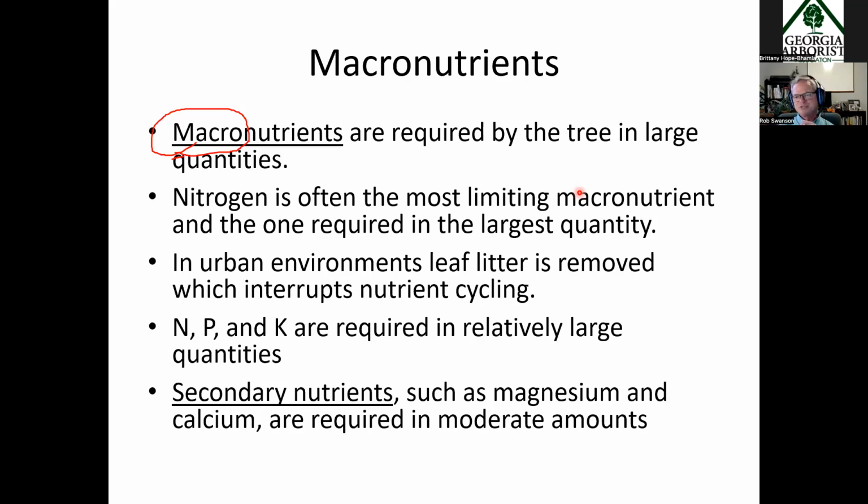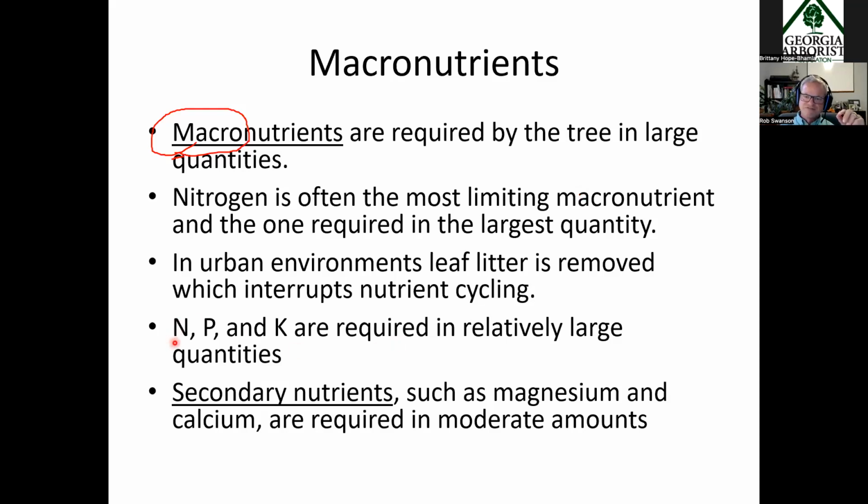So that's why it doesn't persist in the soil for very long, and that's also what makes it the most limiting factor. In urban environments, leaf litter is removed. So if you don't have the decomposition of this organic matter, guess what you're not going to have? You're not going to have sufficient amounts of nitrogen. N, P, and K are required in relatively large amounts.